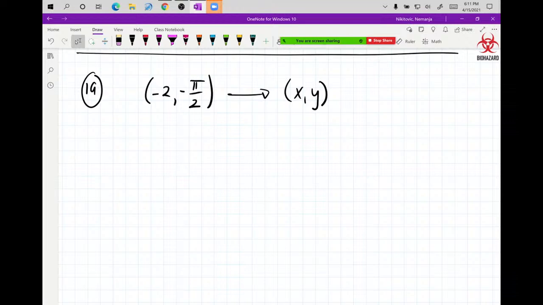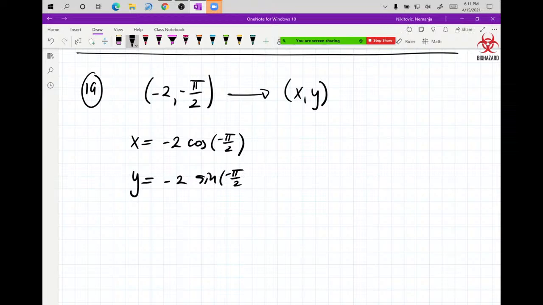Right? So x is negative 2 cosine of negative pi over 2, and y is negative 2 sine of negative pi over 2. Cosine is an even function, so this minus just goes away. Cosine of pi over 2 is 0, so the whole thing is 0.